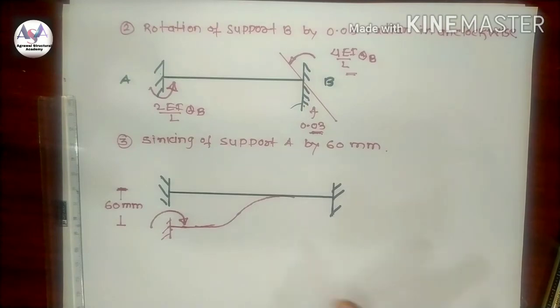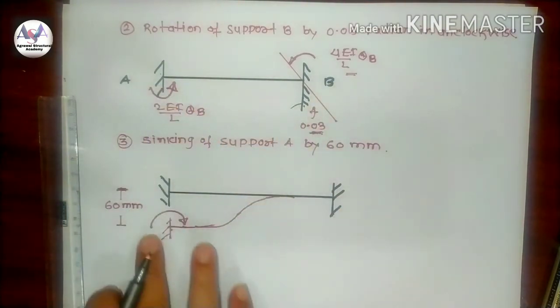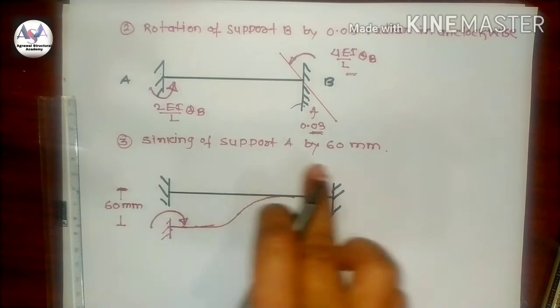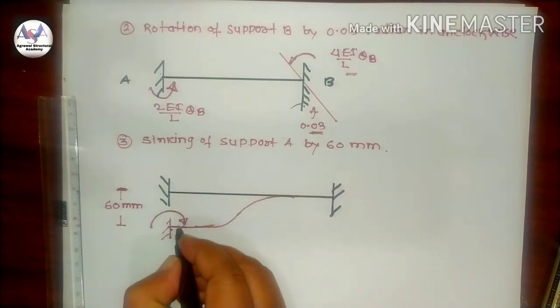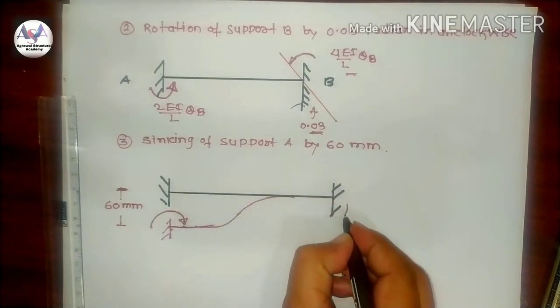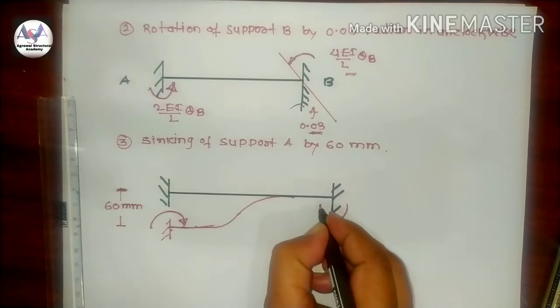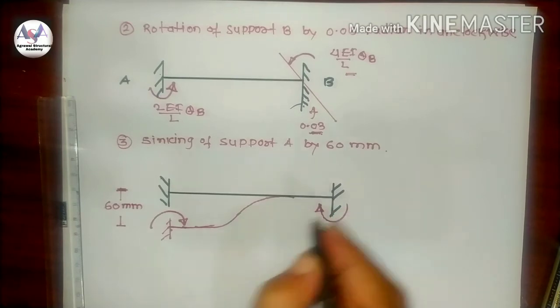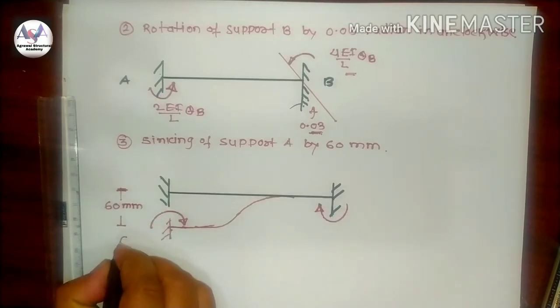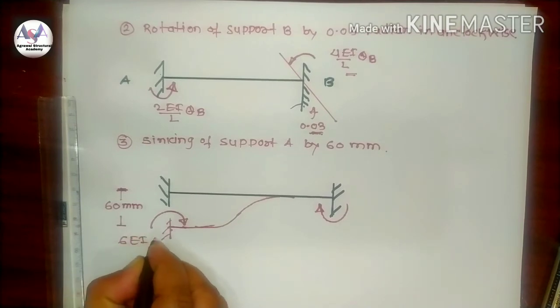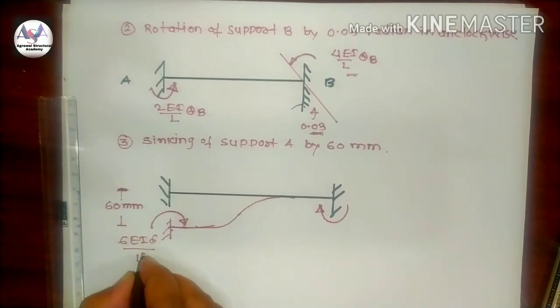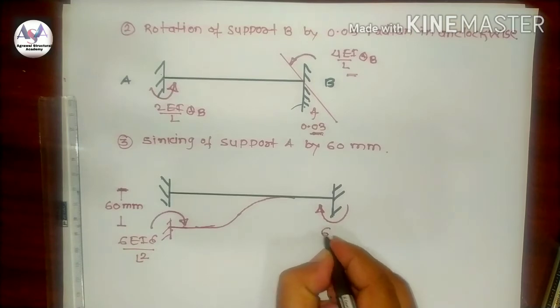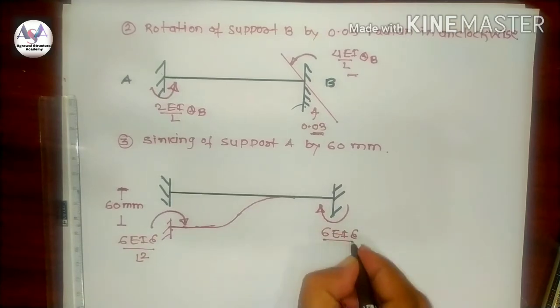Previous one was half the magnitude, but here it is the same direction and same magnitude, producing a clockwise moment. How much is this moment? The formula is 6 EI delta by L square, at both ends.